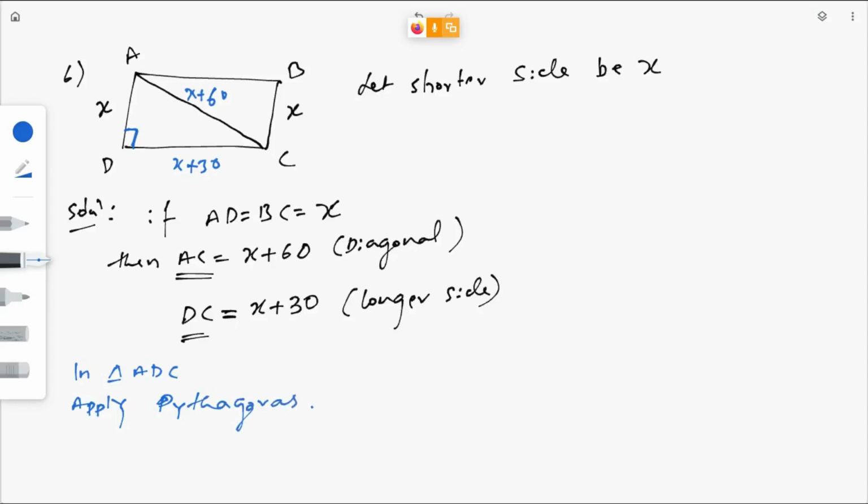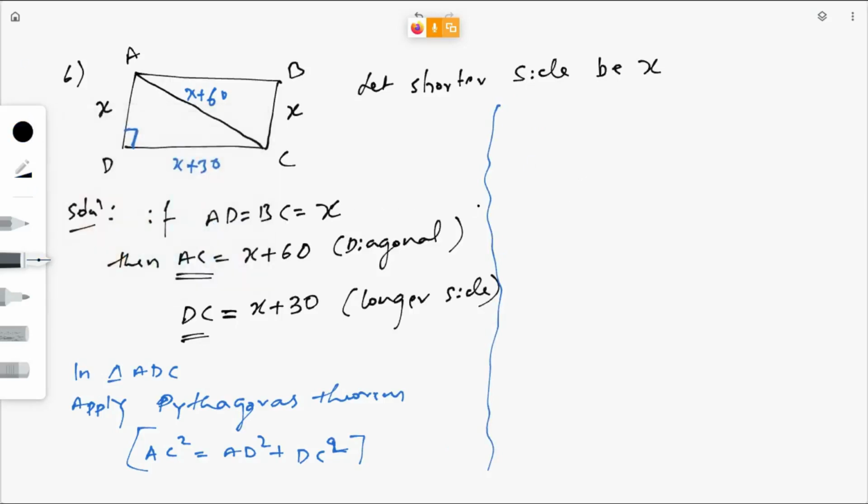What you will get? AC square is equal to AD square plus DC square. Any doubts, any questions still here? No, sir.